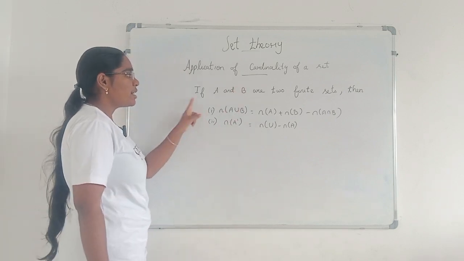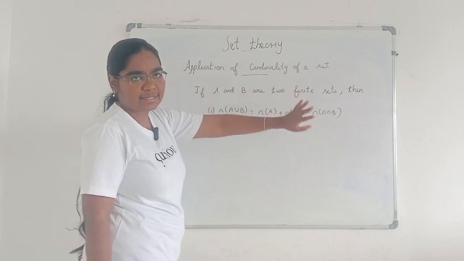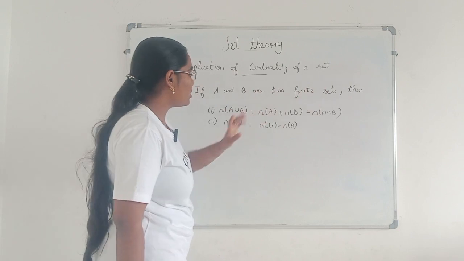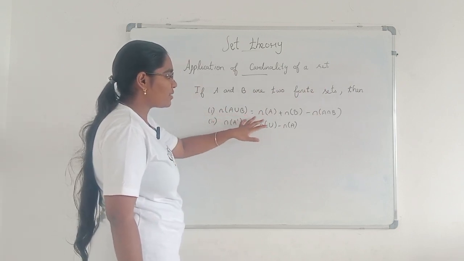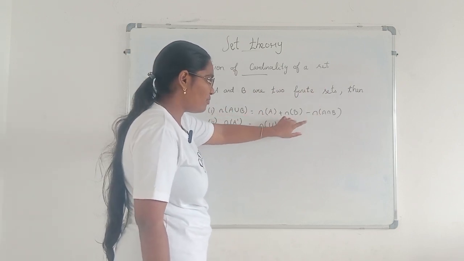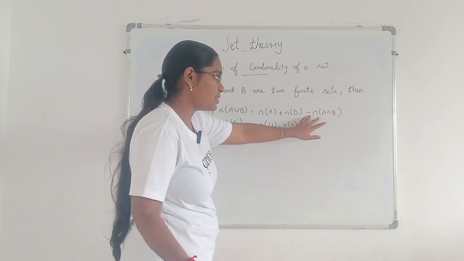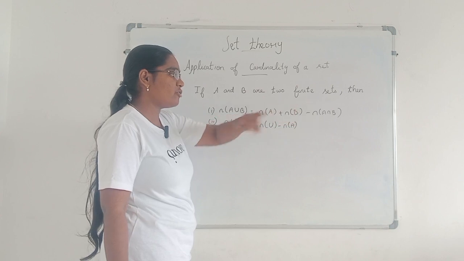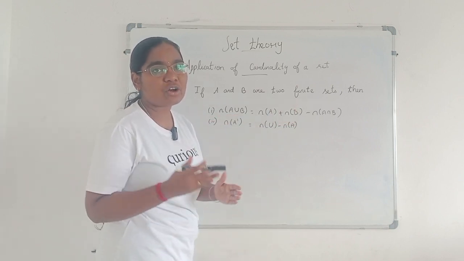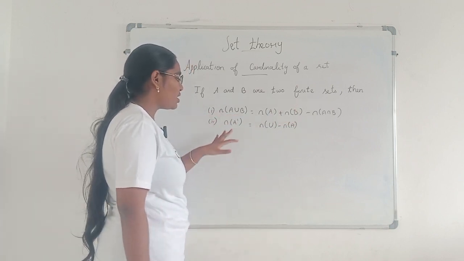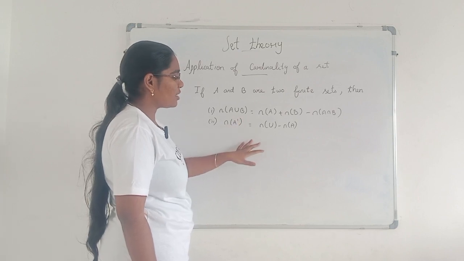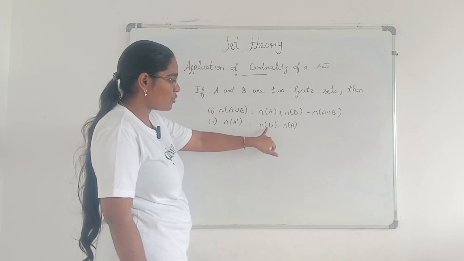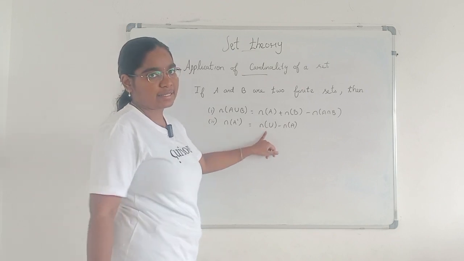So, first one is if A and B are two finite sets, then n of A union B equal to n of A plus n of B minus n of A intersection B. Here n of A, n of B and so on denote the number of elements. Second one, n of A dash equal to n of U minus n of A. Here this U is denoting the universal set.